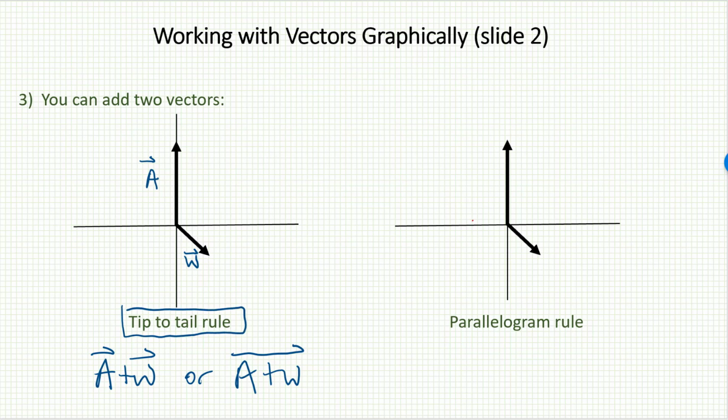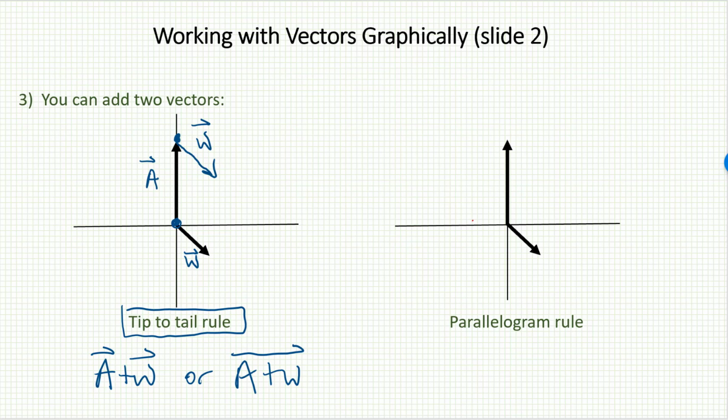If you want to add vector A plus W, start at the beginning of vector A, go to its tip, and then pick up the next vector you want to add. Remember, you can move vectors around wherever you want. Pick it up and put its tail where the other one ended, copy the vector down.